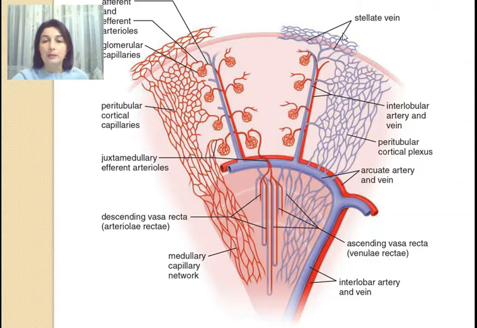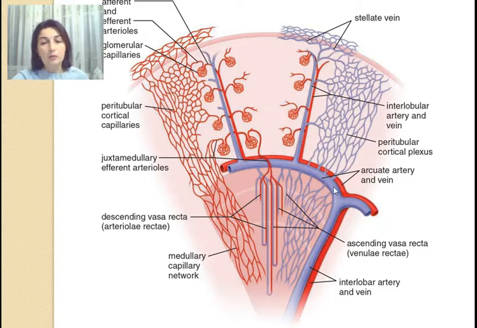And from them there will be formed veins which will flow into stellate veins, which are also tributaries of the interlobular veins. So blood from stellate veins also flows into the interlobular veins.